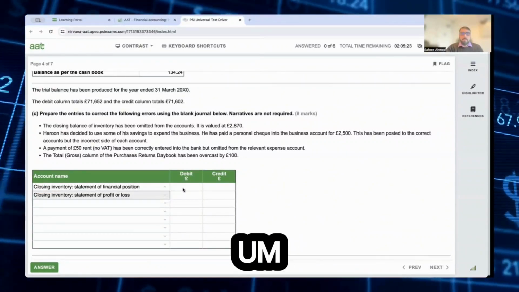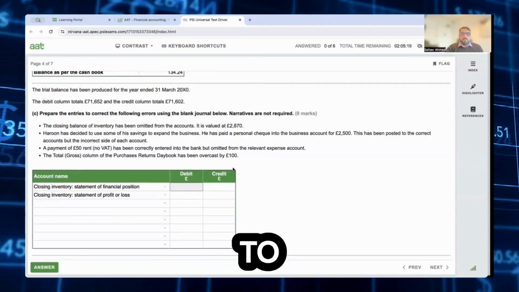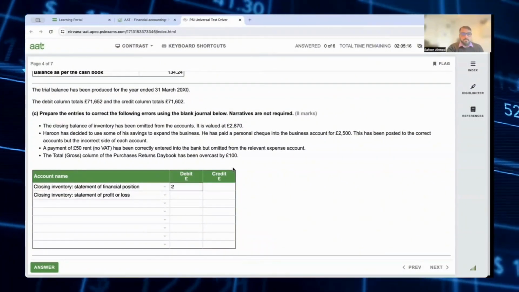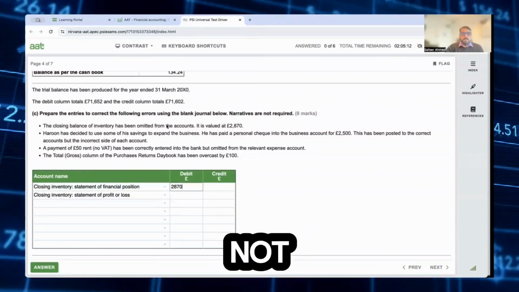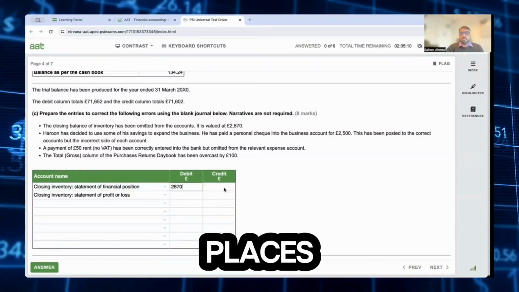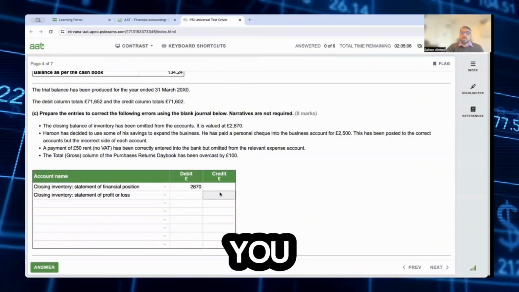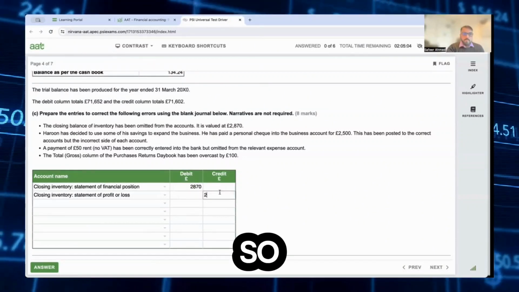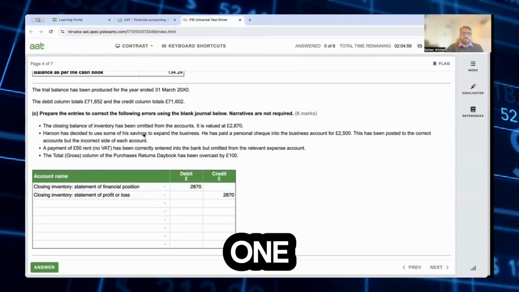And what's the amount? The amount is given to us, which is 2870. They did not tell us anything about the decimal places, so I'm not recording them, but in the exam it's important that you follow the instructions. So again, 2870. So that's the first one.